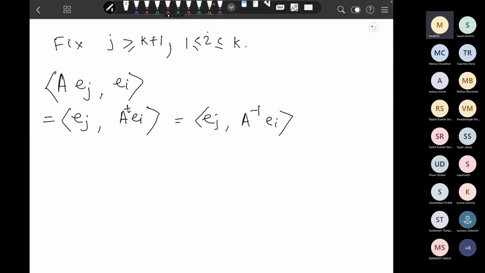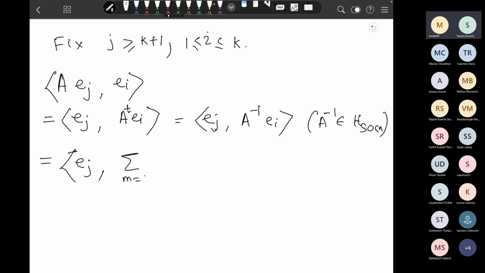Now, since this stabilizer is a group, A inverse will also be in H of SO(n), because it is a group. So that means A inverse e_i will be something like the sum over m from 1 to k of A_mi e_m.